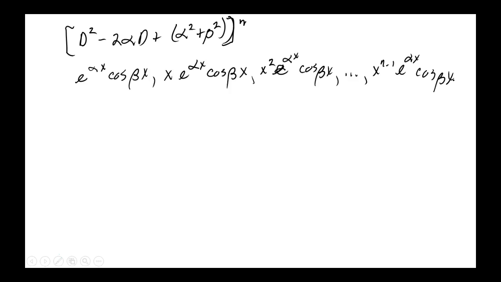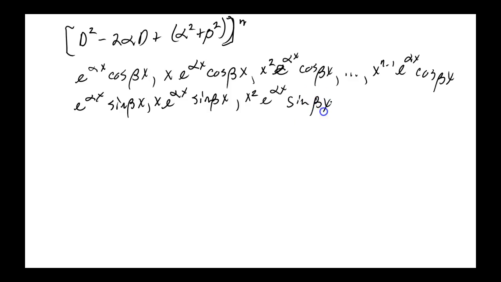It gets all those, plus all these: e to the alpha x sine beta x, x e to the alpha x sine beta x, x squared e to the alpha x sine beta x, all the way up to x to the n minus 1 e to the alpha x sine beta x.